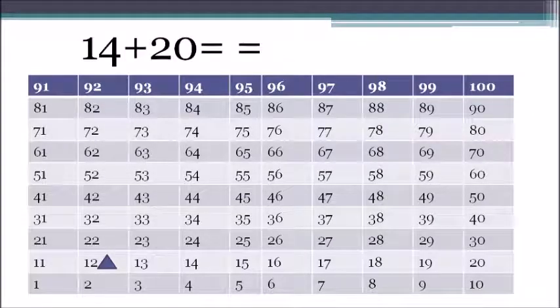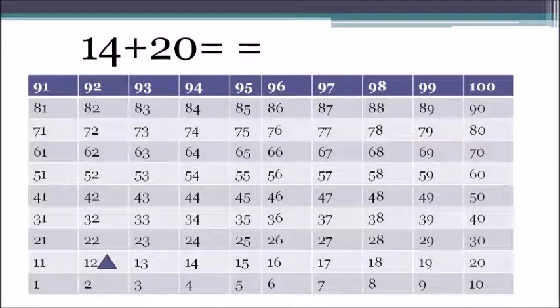There is another question that is asking 14 plus 20. So here the first number we have is 14. First we have to reach 14, and the second number we have is 20. If I ask you how many tens are there in the number 20? Yes, you are right. There are two tens.